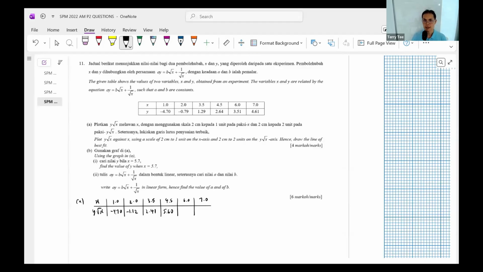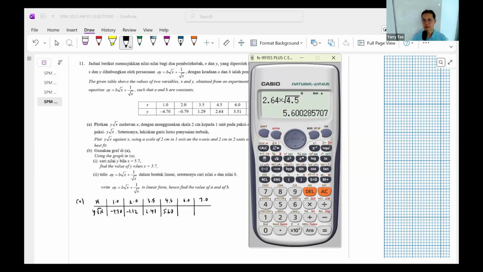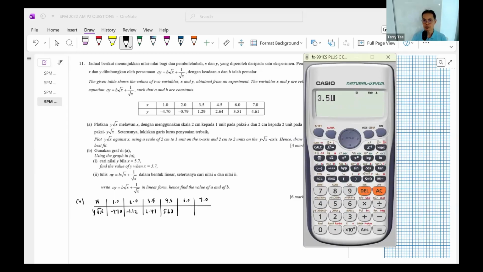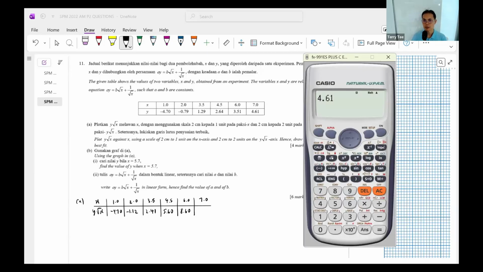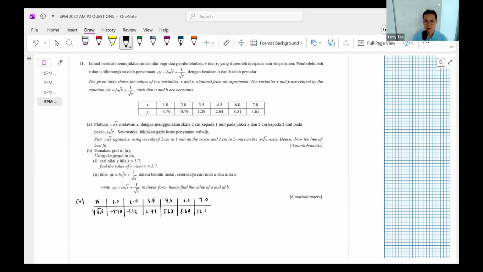Okay, next, 3.51 times square root 6. You should get 8.60. Okay, next one, 4.61 times square root 7, 12.20. Okay, guys, we got our x and y.